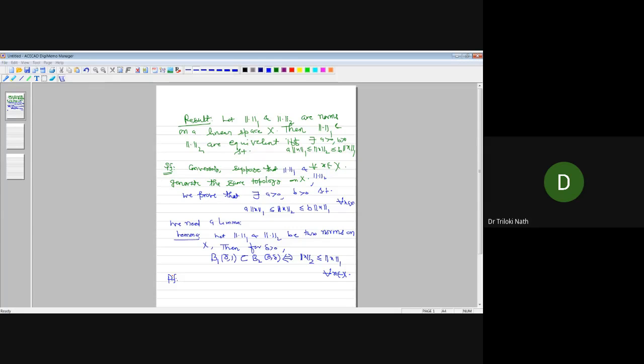Okay, so we prove the reverse part: norm of x2 less than or equal to delta times norm x1. We have to prove this one. Suppose this is not true.